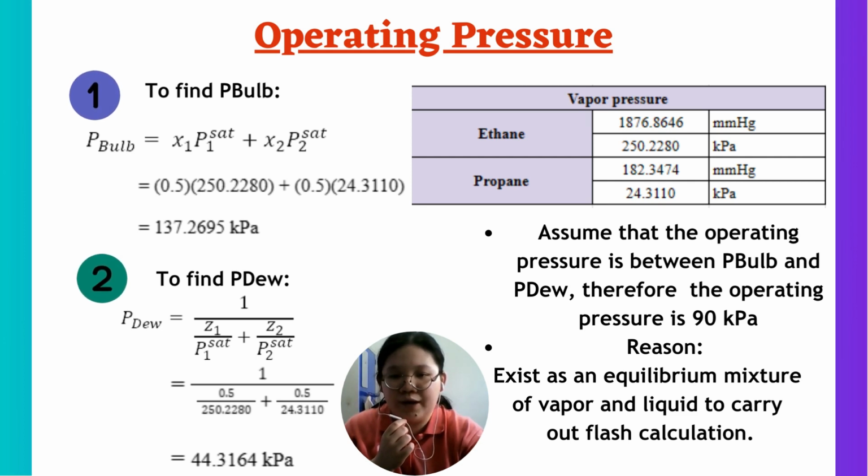Secondly, to find the dew point pressure, we use the formula given and we get 44.3164 kPa. In this project, we assume that the operating pressure is between the bubble point pressure and dew point pressure. Therefore, the operating pressure is 90 kPa. It is important to exist as an equilibrium mixture of vapor and liquid to carry out flash calculation.